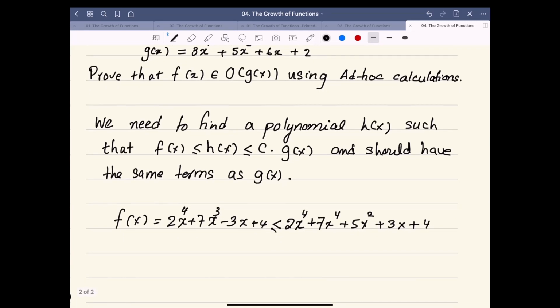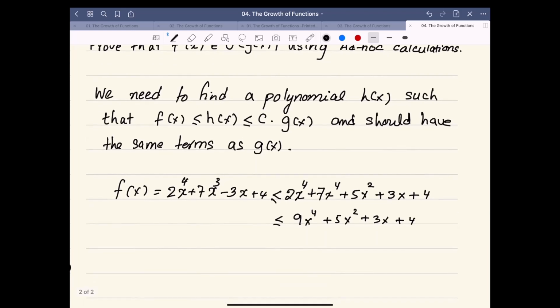Simplify this last equation. It will be 9x raised to power 4 plus 5x squared plus 3x plus 4. And we will call this function h of x. H of x is equal to 9x raised to power 4 plus 5x squared plus 3x plus 4.